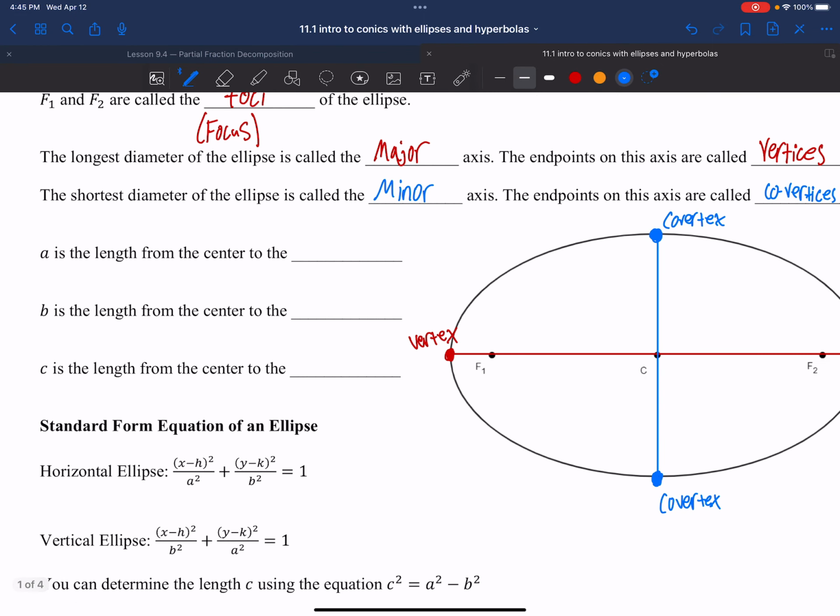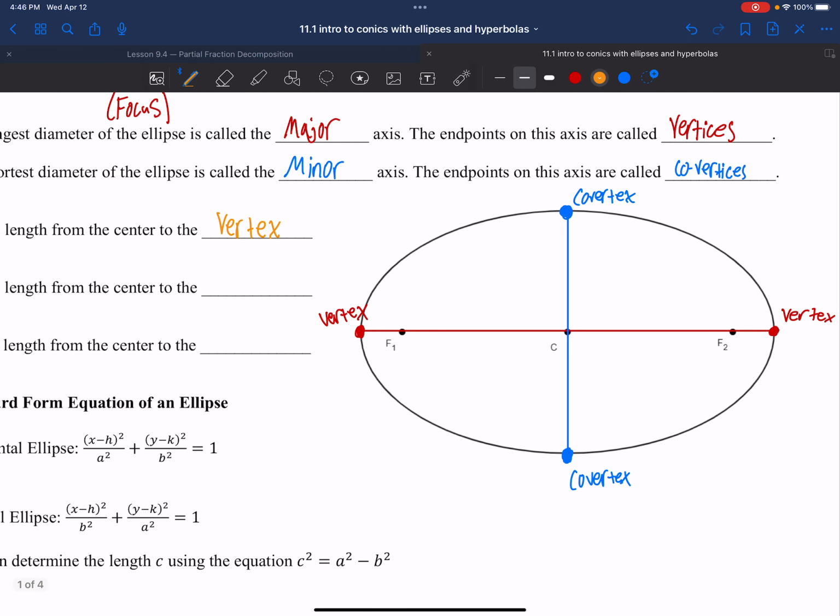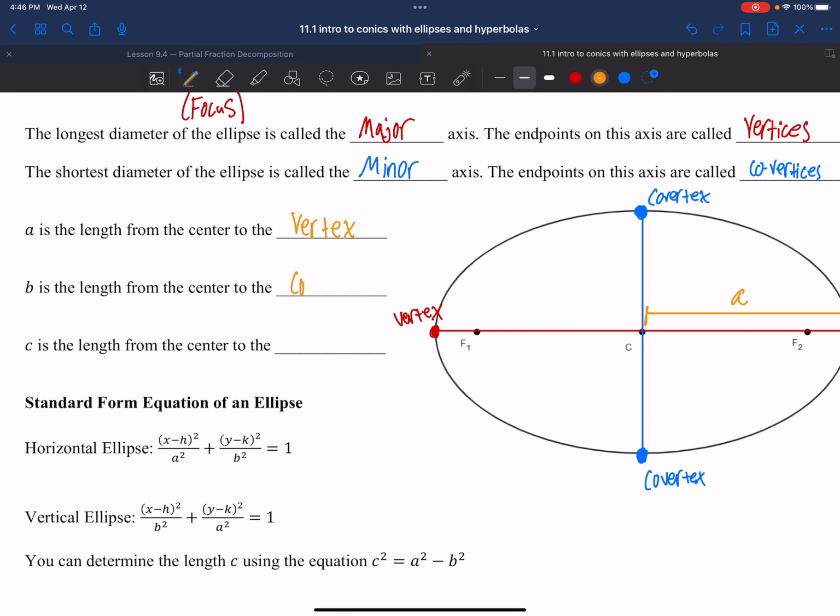Now I'm going to have letters A, B, C, which are part of the standard form equation. We're going to get to the standard form, but to talk about what those letters mean, I'm going to do this in yellow. A is the length from the center to the vertex, so if I measure from this center all the way over to this vertex, that is the length A. B is the length from the center to the co-vertex, so it's just the shorter length.